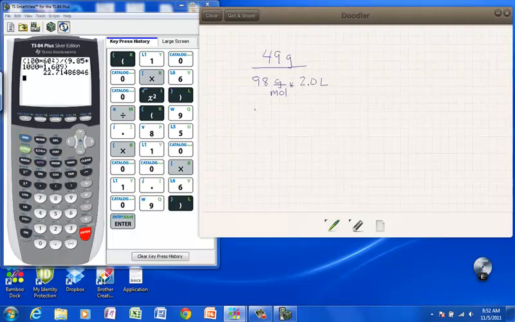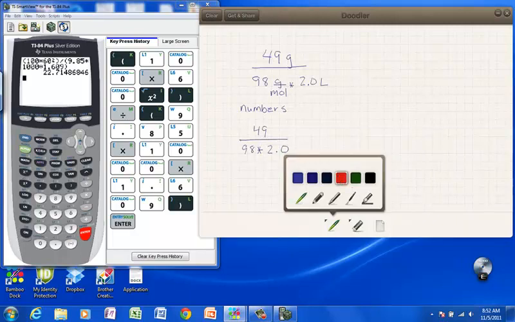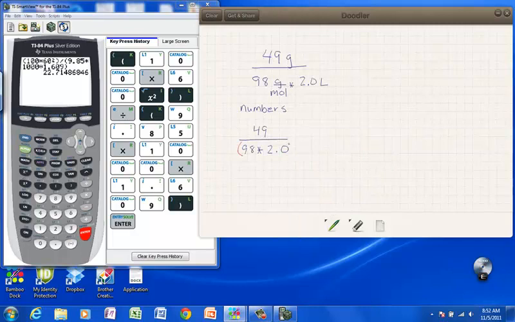And that's a liter. All right, so when we're doing these fractions, we start off by looking at just the numbers. And again, because we have a fraction, we want to group the denominator.